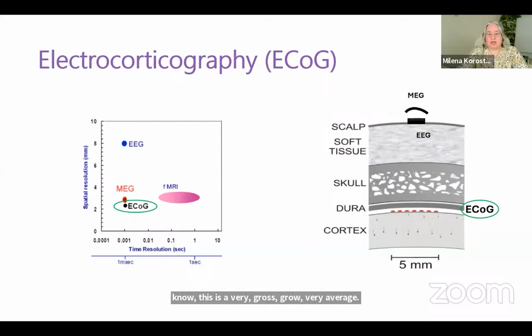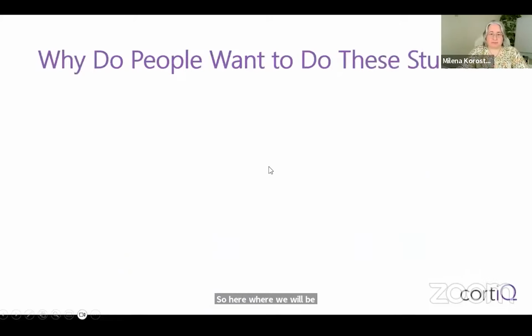However, in general, we can say that ECoG provides us with a better spatial resolution and a better temporal resolution than other methodologies like fMRI can provide, and a better spatial resolution than EEG and MEG. Here is where we will be sampling that information, the signal.